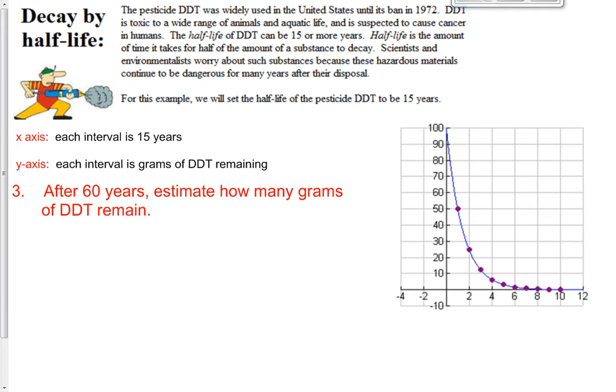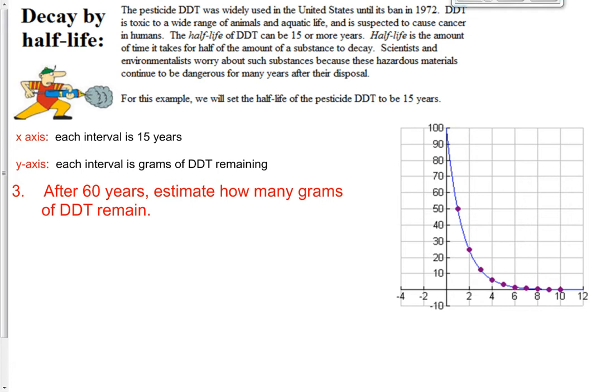This pesticide decays, but it takes a lot longer than a banana peel, obviously. It takes 15 or more years for half of that pesticide to decay. So scientists and environmentalists worry that hazardous materials continue to be dangerous for many years after its ban or after its disposal.